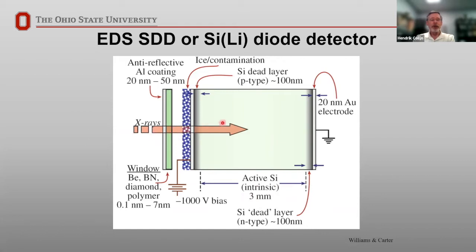So your X-ray would come in, and when it would enter, it would start ionizing the silicon and generating electron hole pairs. So with this bias, your holes would migrate to one end and your electrons to the other. And then what you would do is measure the number of hole pairs that were generated. And then from that, you could infer the X-ray energy.